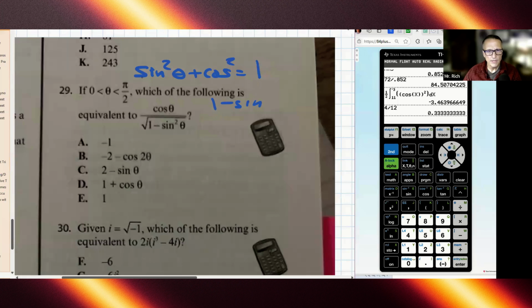But since sine squared plus cosine squared is 1, it means that 1 minus sine squared theta is equal to cosine squared theta, right? If you move this sine squared over to the other side, subtract it on both sides, you get cosine squared is 1 minus sine squared.